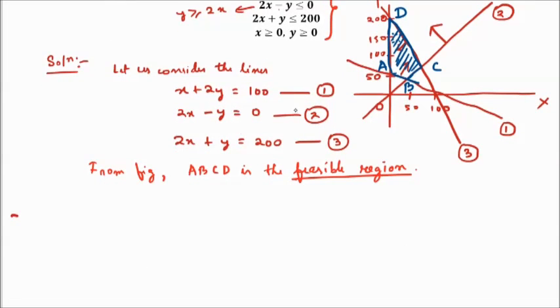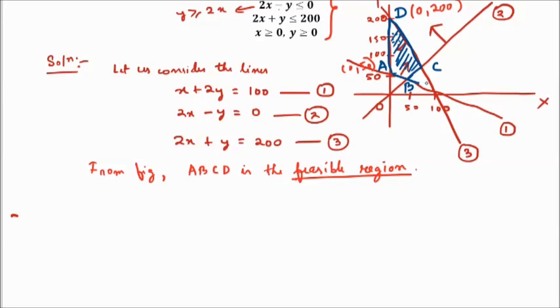Now it is very clear from here that the coordinates of A and D are very clear from the figure. The coordinates of D will be 0, 200, and the coordinates of A will be nothing but 0, 50.